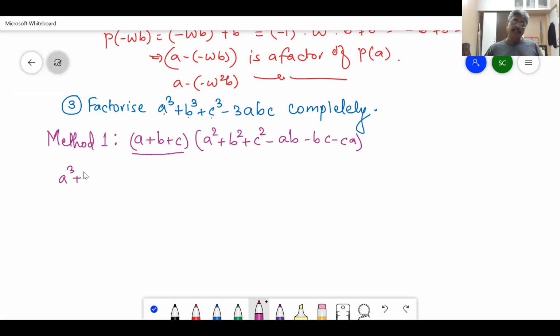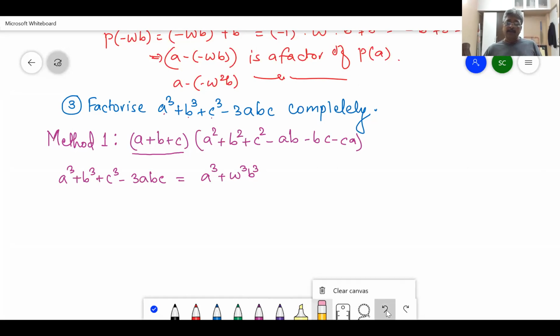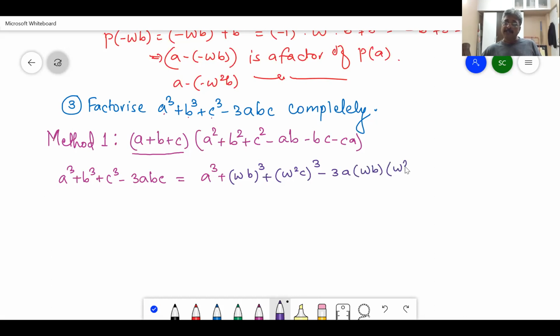And therefore, a cube plus b cube plus c cube minus 3abc, if we write it like a cube plus omega b raised to 3 plus omega square c raised to 3 minus 3 times a times omega b times omega square c.